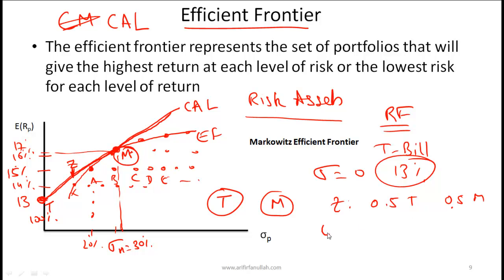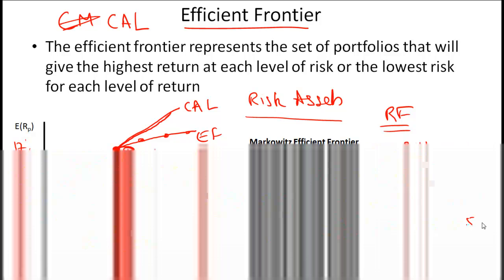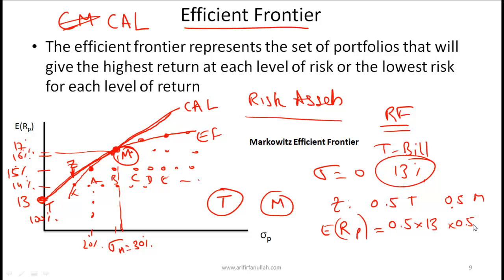So what is the expected return of this portfolio where we have 50% in T-bills and 50% in the market? This would simply be equal to 0.5 multiplied by the expected return on T-bills plus 0.5 multiplied by the expected return on the market, which in my example is 17%.